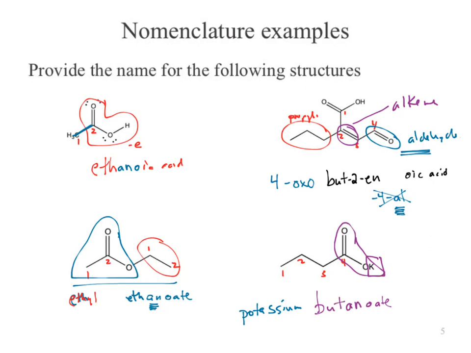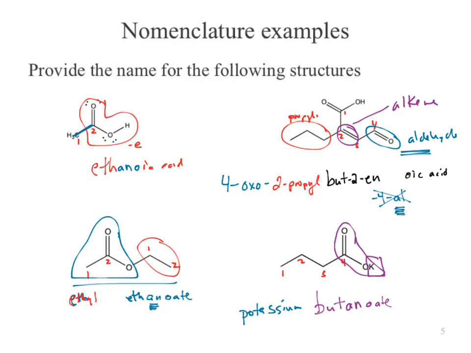And I'm still wrong because I forgot the propyl. And to make it even worse, O comes before P. 4-oxo-2-propyl but-2-ene-oic acid.